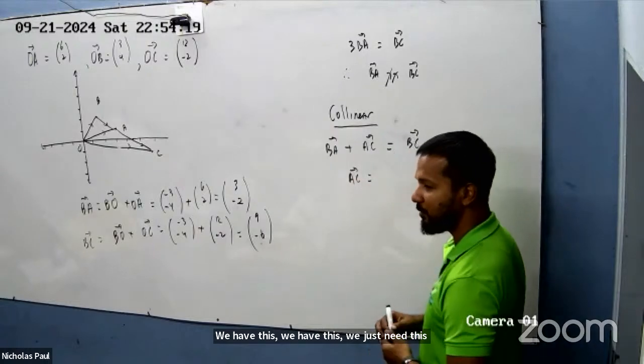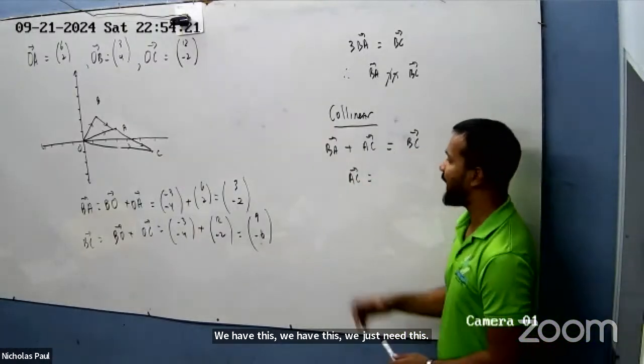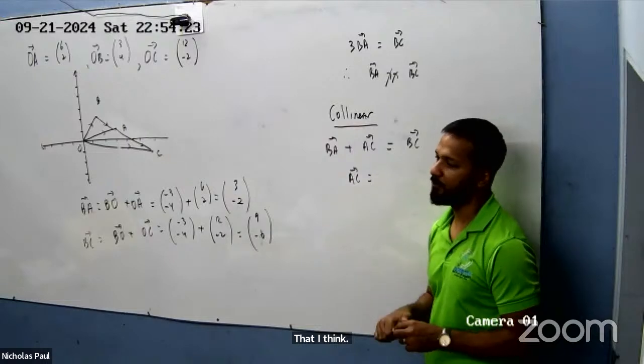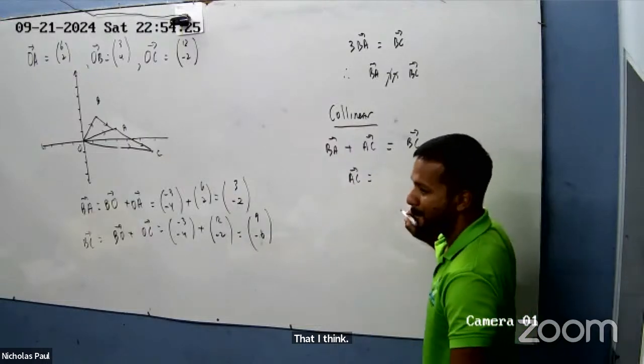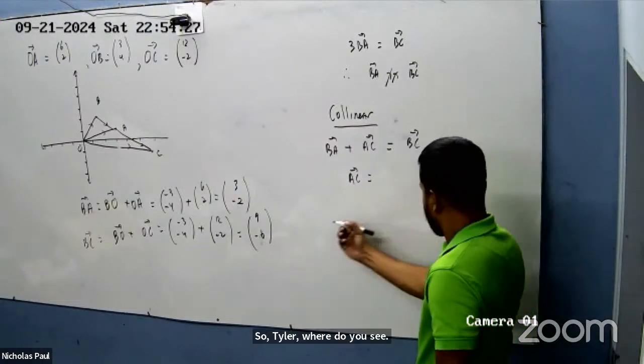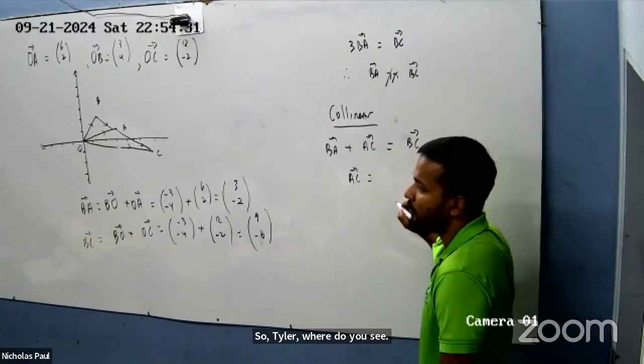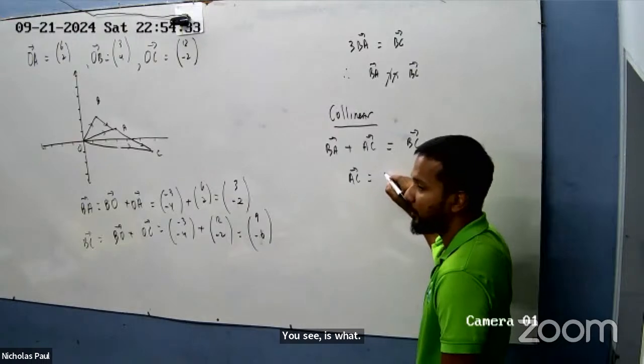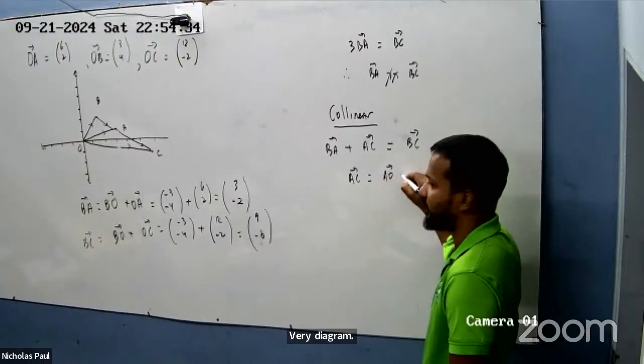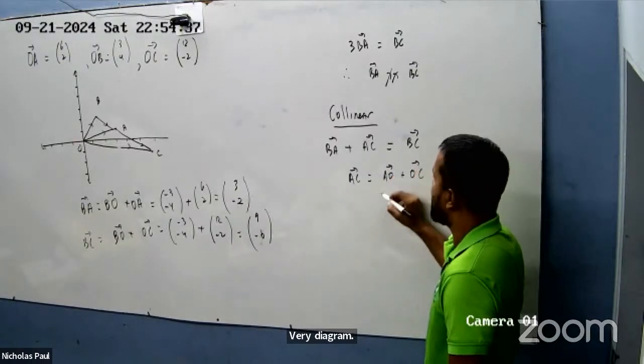Tyler, finished already? So Tyler, what is AC? AC is what? In the right diagram, A to what? A to O plus O to C. Nice. What is A to O?